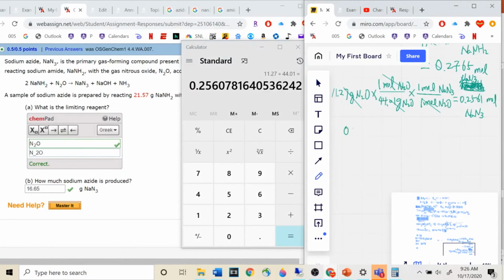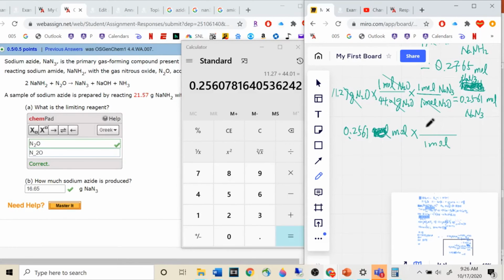So 0.2561 moles, converting from moles to grams using the molar mass, 65.01 grams. Moles and moles are cancelled.